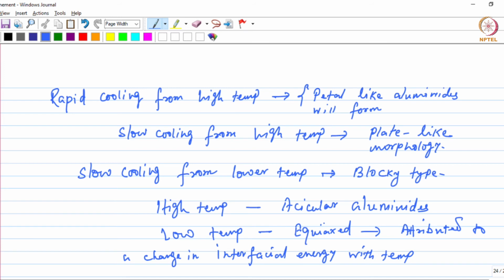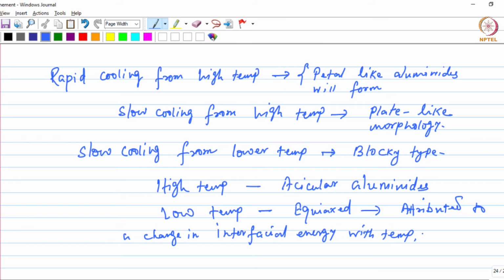Which restricts the growth of the particles in limited number of directions, and therefore it turns into this kind of morphology.